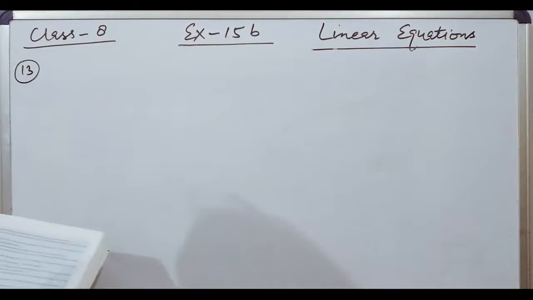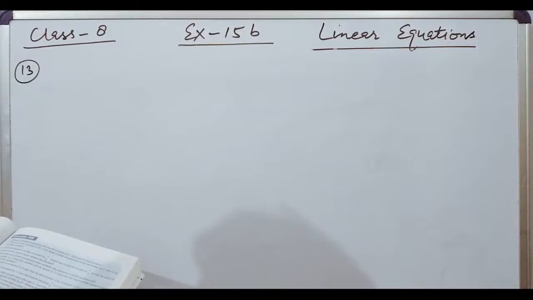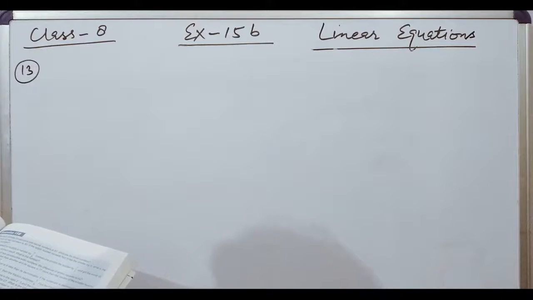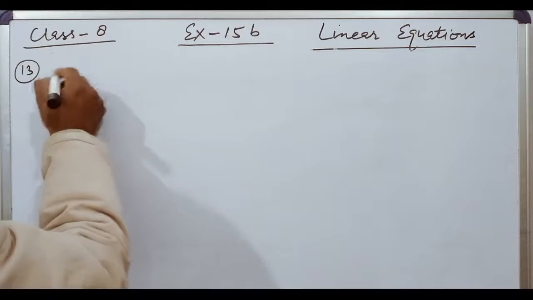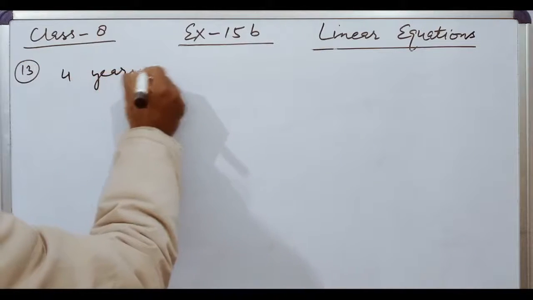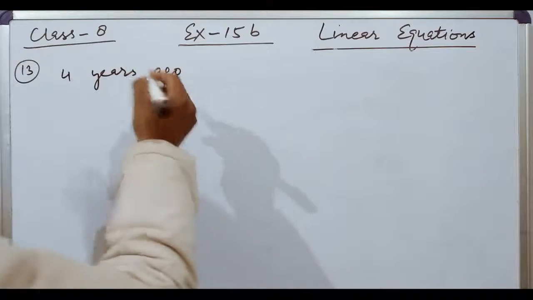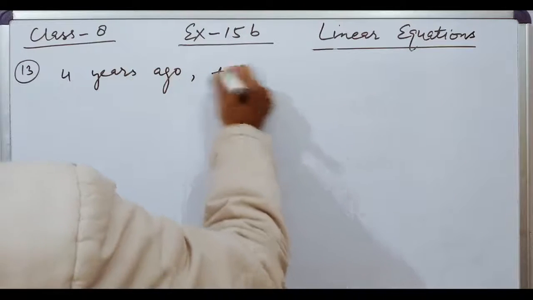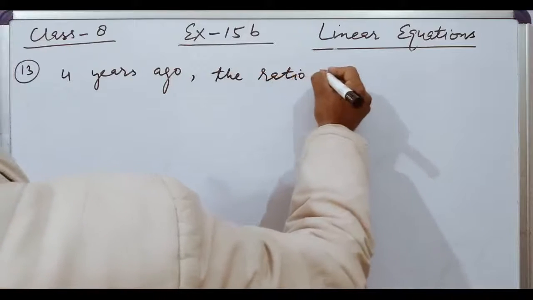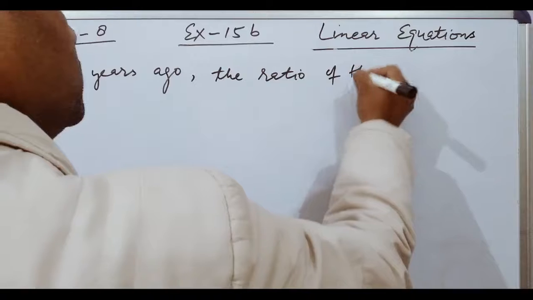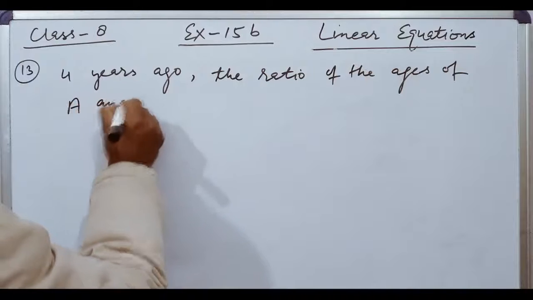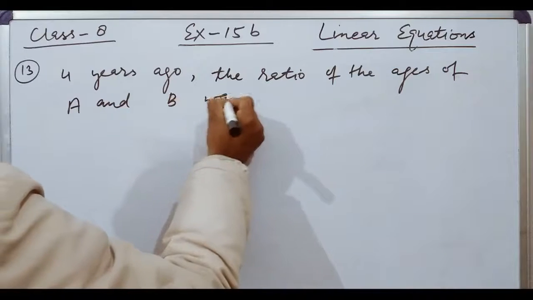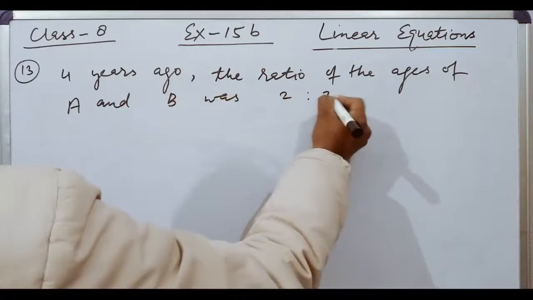4 years ago, the ratio of the ages of A and B was 2:3, and after 4 years, it becomes 5:7. Find their present ages. 4 years ago, the ratio of the ages of A and B was 2:3.